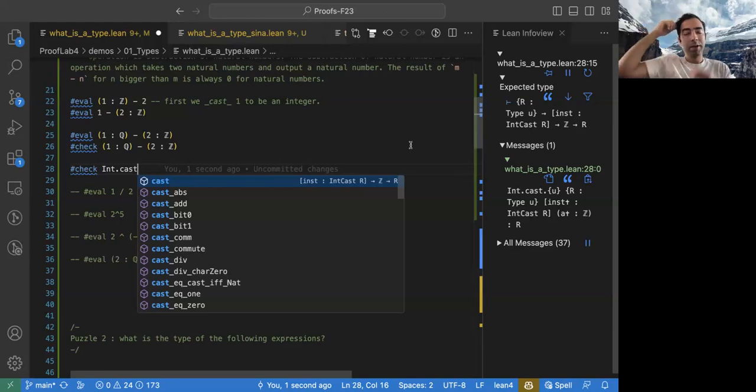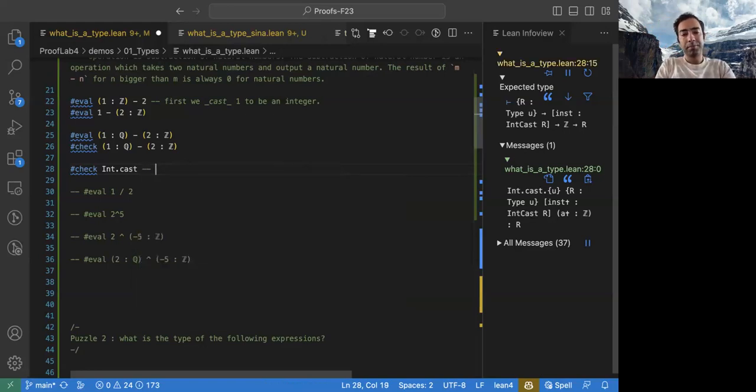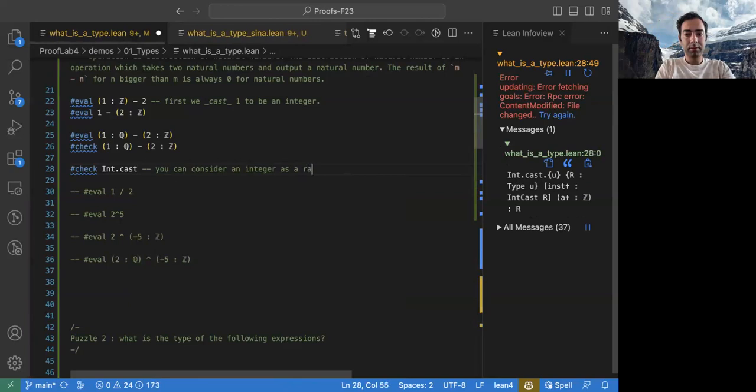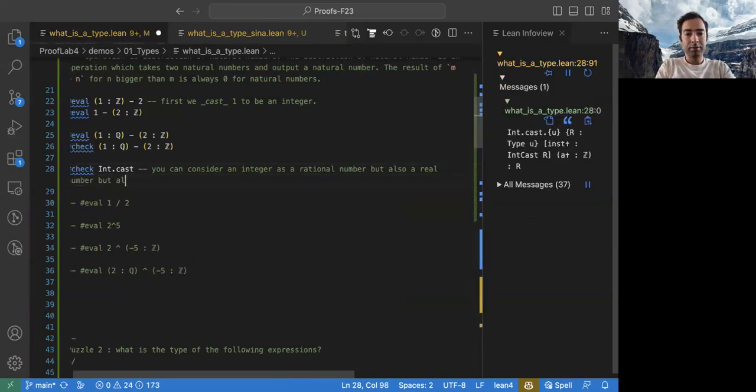So you can consider an integer as a rational number, but also as a real number, but also as a complex number, and so on and so forth, right?